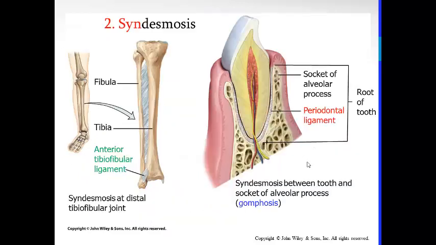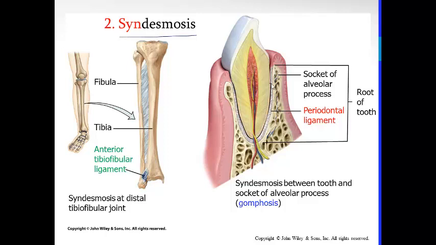Now here are a couple of examples of syndesmosis. We can find them, for instance, in the ligaments that are holding our tibia and fibula together. Here is our anterior tibiofibular ligament. These ligaments hold these two bones together. Now here's another example where the root of the tooth fits into the socket of your alveolar process.